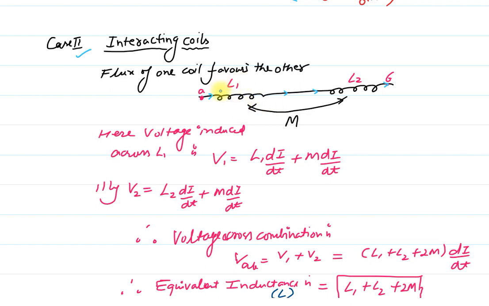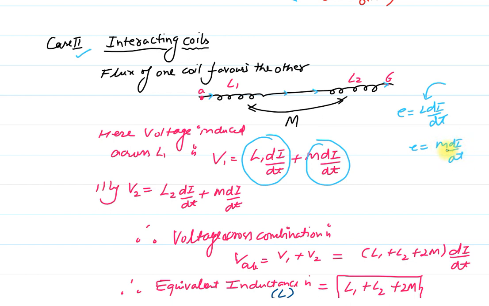In that sense, the voltage across one coil is written as L1 di by dt, that is the self-induction, and the other term is related to mutual inductance. As you all know, the magnitude of the EMF, E, is equal to L di by dt in terms of self-inductance, and in terms of mutual inductance it is M di by dt.